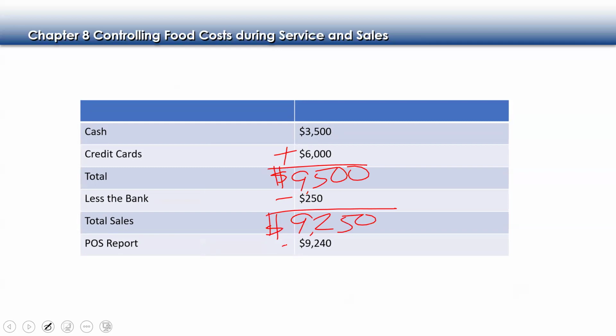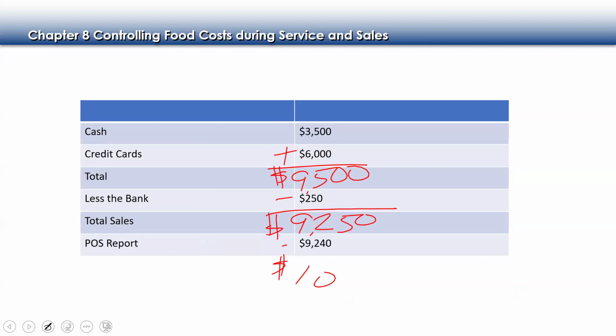So 9,250 minus 9,240, $10, which means I'm over by $10. My report tells me I should be at 9,240. I actually have 9,250. I have 10 more dollars than what I should have.